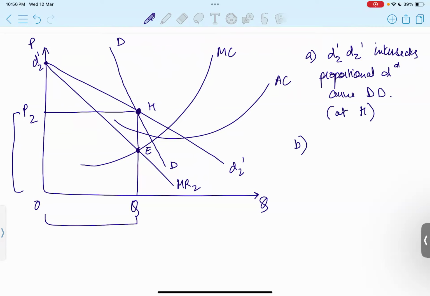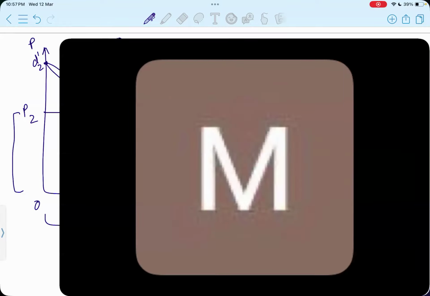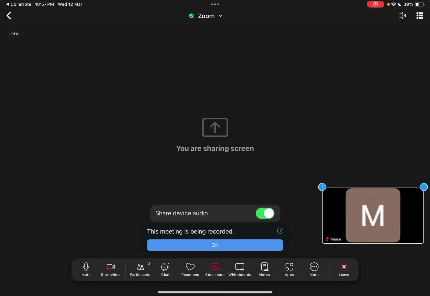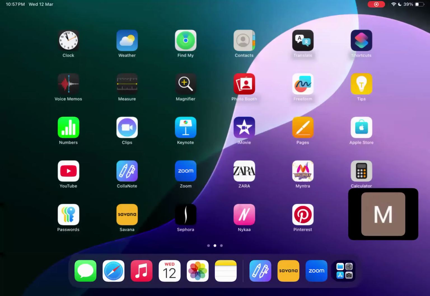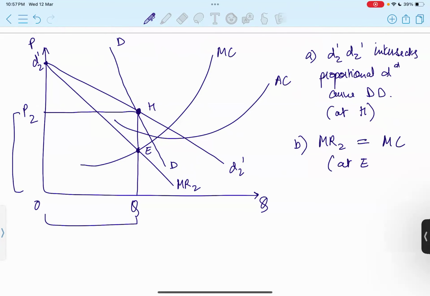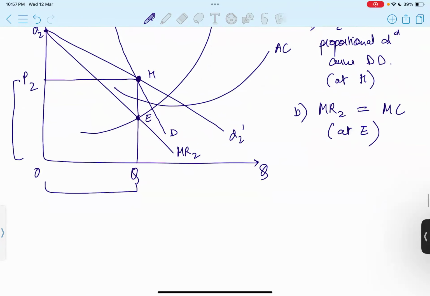And second, the perceived demand curve's corresponding marginal revenue curve, MR2, equals the marginal cost. That is at point E. So these two conditions have to be met.